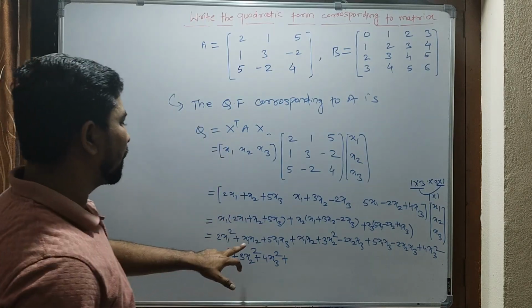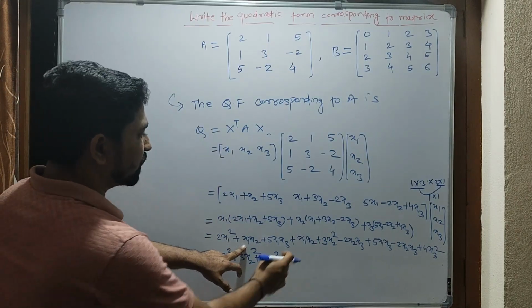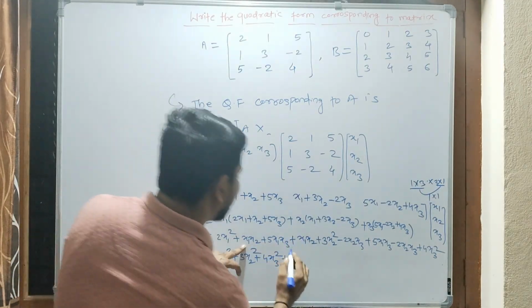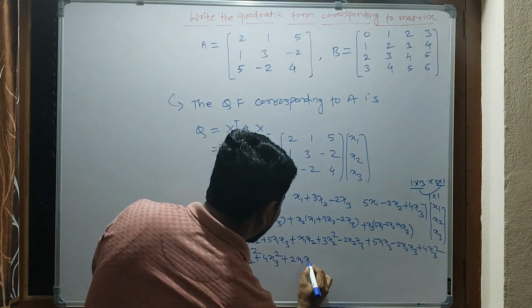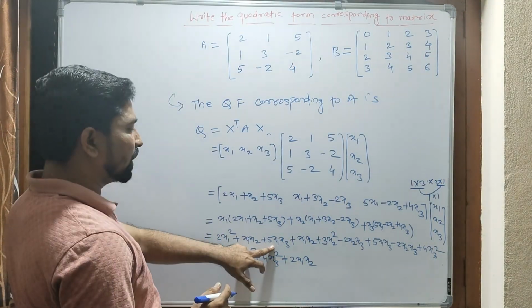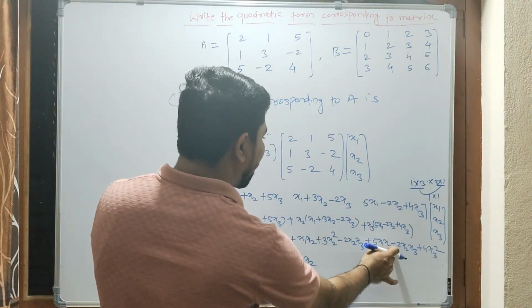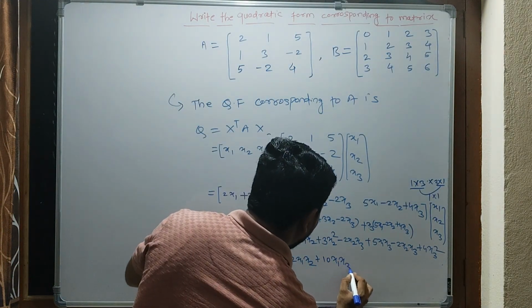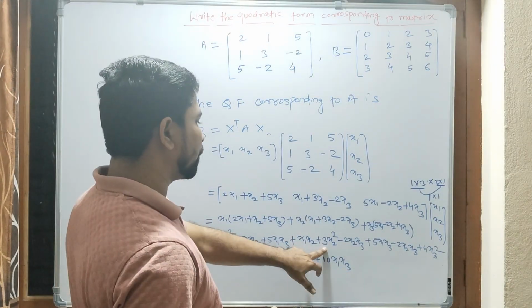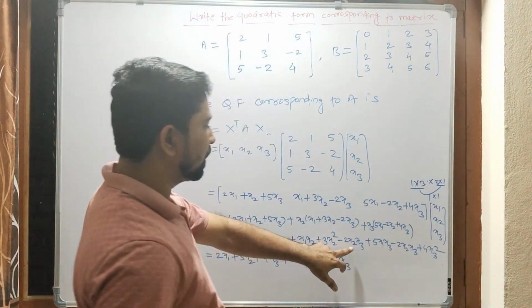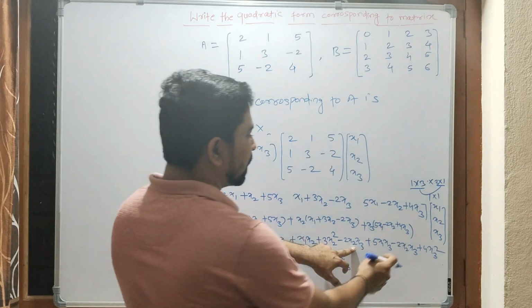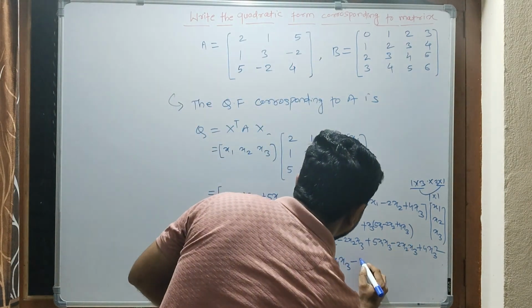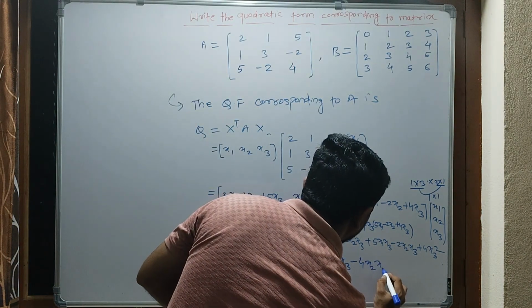Now there is x1 x2 and another x1 x2, so plus 2 times x1 x2. There is 5 times x1 x3 and another 5 times x1 x3, so plus 10 times x1 x3. Now for x2 x3, minus 2 times x2 x3 and minus 2 times x2 x3, that is minus 4 times x2 x3.